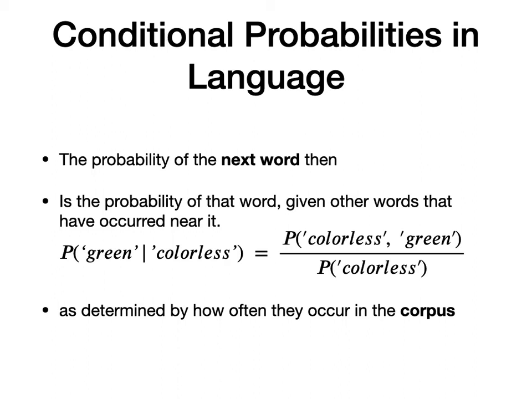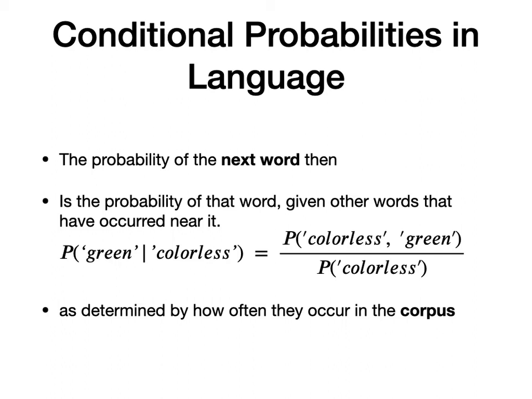So you don't have to focus too hard on these mathematical equations and memorizing them. We're not going to really deal directly with them for the most part. We will construct things in ways that these probabilities just happen. So no worries there. But this probability is determined by how often these things will happen in the corpus.